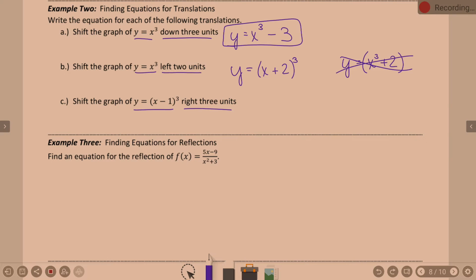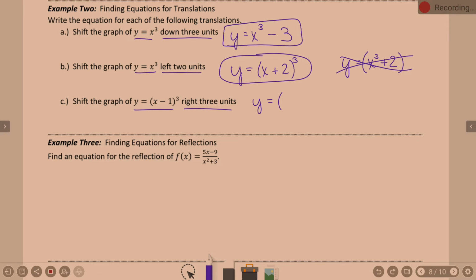Okay? Because the idea is, up here the original graph was x cubed. Here my original graph is already scooted where? It's already scooted right 1. So if we're going to scoot it right 3, then all in all it's going to end up going right 4.